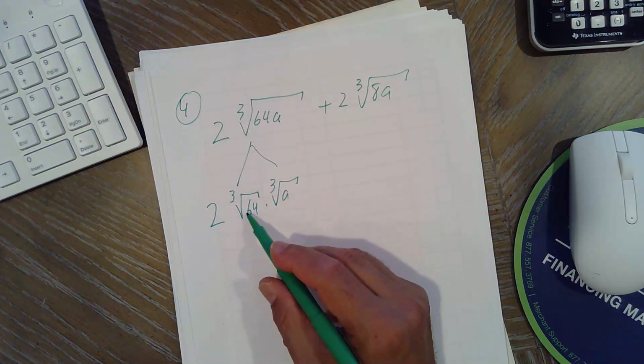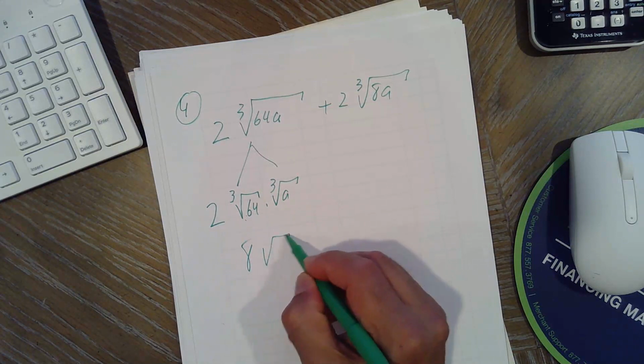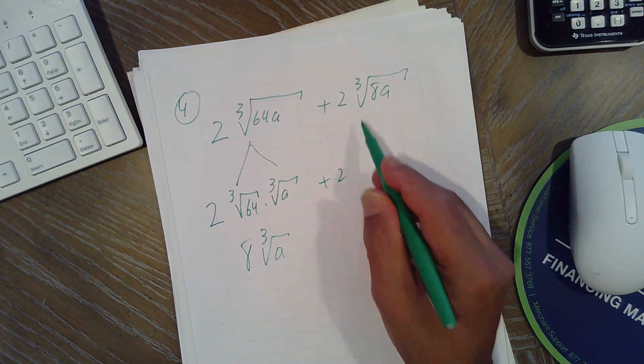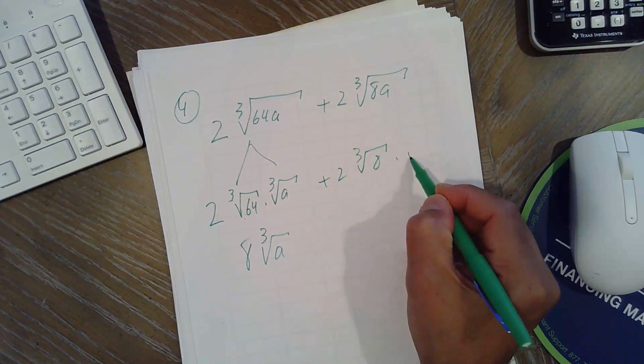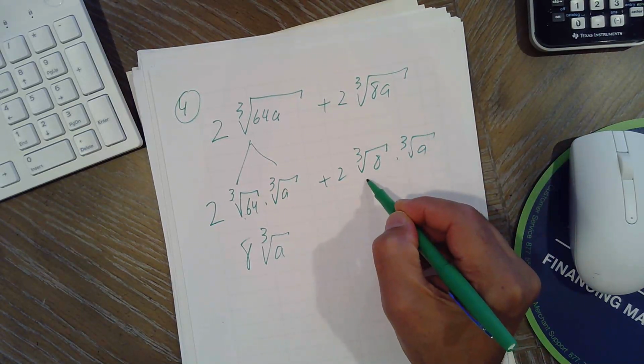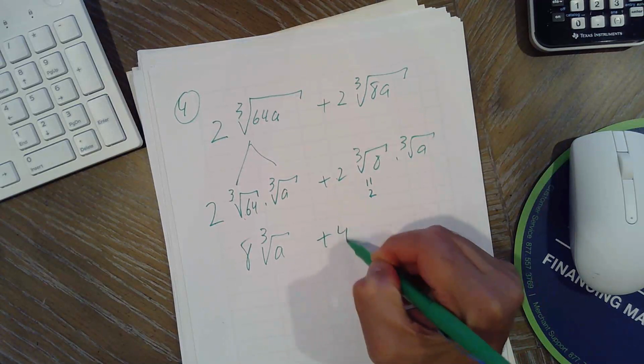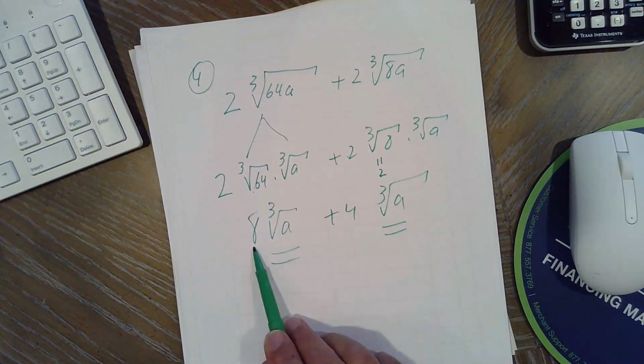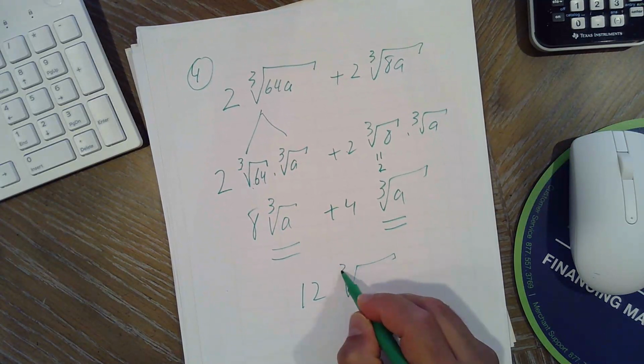Cube root of 64 is 4. 4 times 2 is 8. And this guy can be written out as 8 and a. Cube root of 8 is 2. 2 times 2 is 4. And then cube root of a is brought down. Now we have like radicals. 8 plus 4 is 12. 12 cube root of a is the answer.